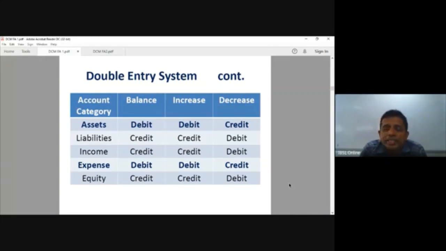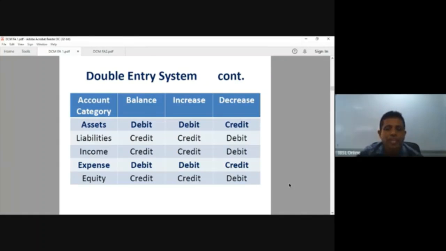If you don't know the accounting categories, if you don't know the double entry system, if you don't know the characteristics of asset, liabilities and income accounts, it will be very difficult for you to analyze the financial statements of any company, right? Then we will go to the characteristics of assets, liabilities, income, expenses very briefly.